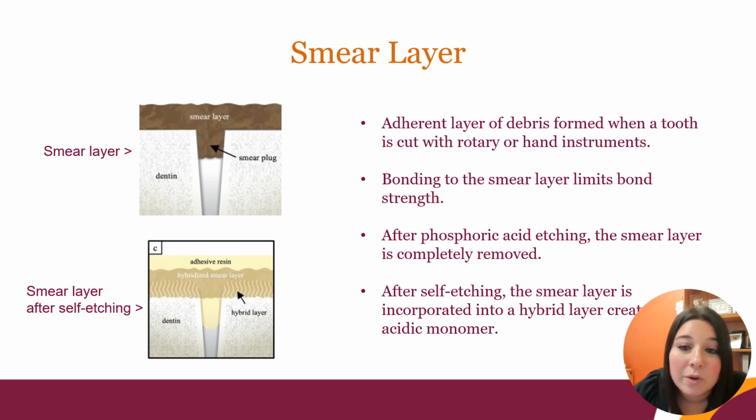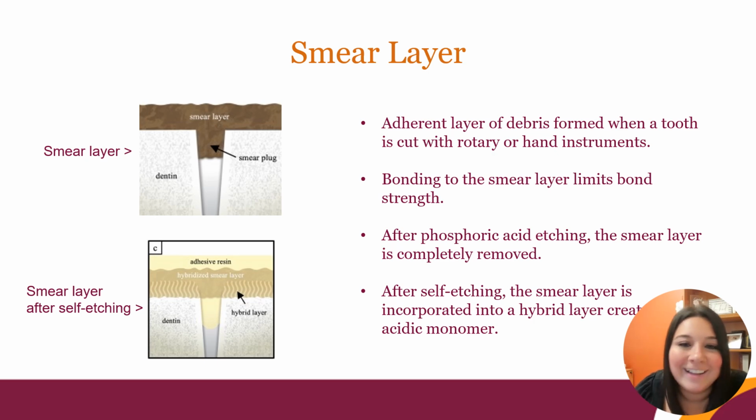It is actually going to incorporate that smear layer into the bonding agent, which helps it bond pretty well to the tooth. So again, regular etch, smear layer is gone. Self-etch, like the VivaPen that we use, is going to take that smear layer and almost use it as the glue that holds that filling to the dentinal tubules. So it's more so incorporating it.